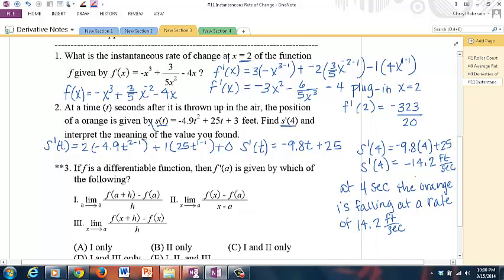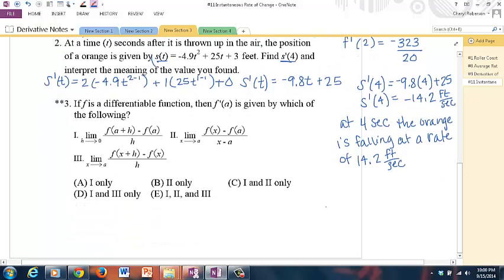Alright, the next one, and notice this has an asterisk, so this was from an AP exam. If f is a differentiable function, then f prime of a is given by which of the following?